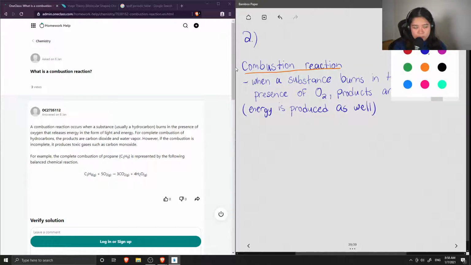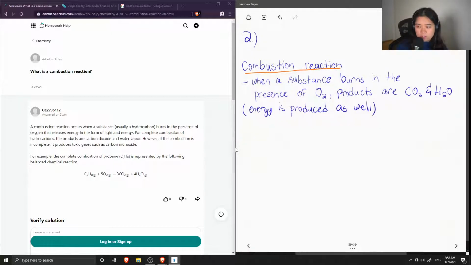Okay, so typically the substances that take place in a combustion reaction are hydrocarbons. Hydrocarbons just contain carbon and hydrogen. Sometimes even alcohols can take place in a combustion reaction. But I'll just have an example of a hydrocarbon that is combusted.